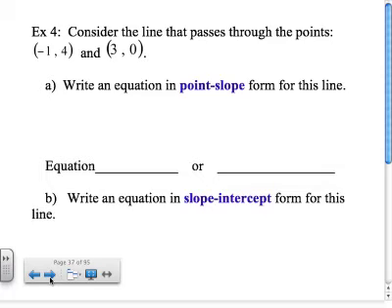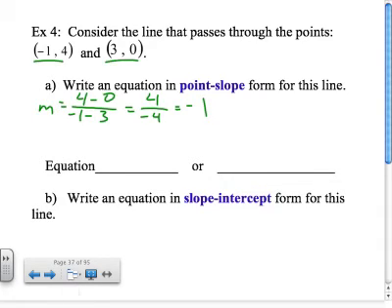Part A says write an equation in point slope form for this line. The first thing you need to know in point slope form is the slope. The slope here is y2 minus y1 over x2 minus x1. This is 4 over negative 4, so your slope is -1. You have two different points here, so you can write this equation two different ways.